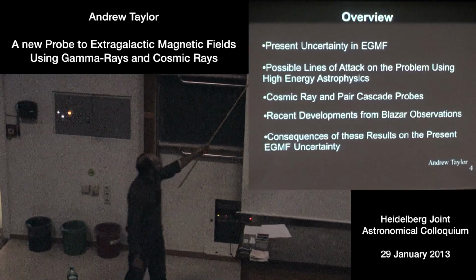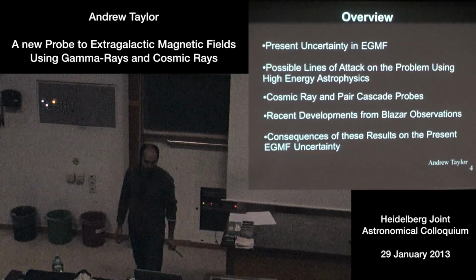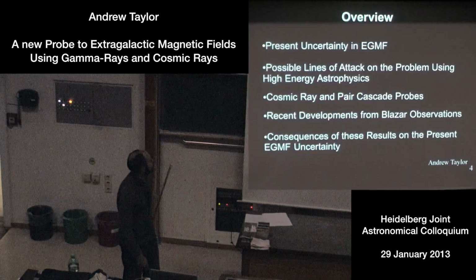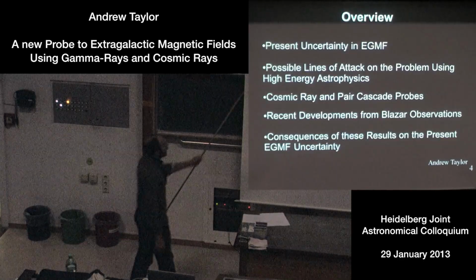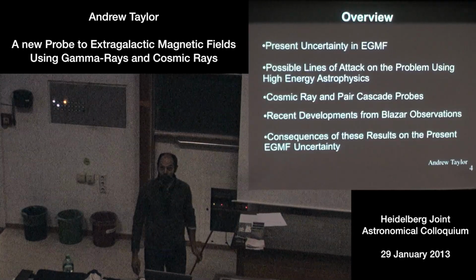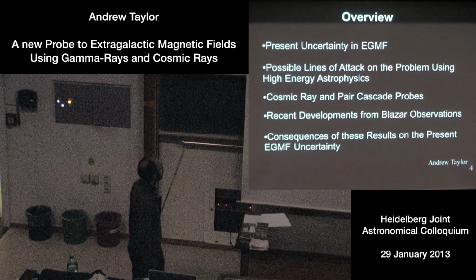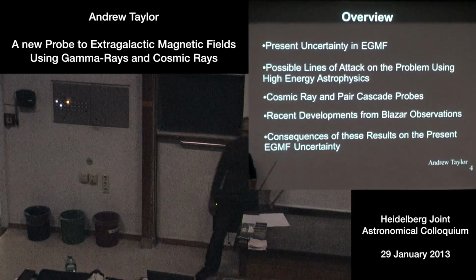I want to highlight the uncertainty present in the extragalactic magnetic fields, how embarrassingly uncertain their strength is. I want to talk about possible lines of attack, ways that we can probe them, using two methods: cosmic rays and pair cascades.